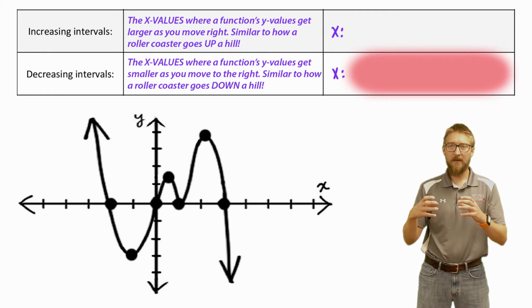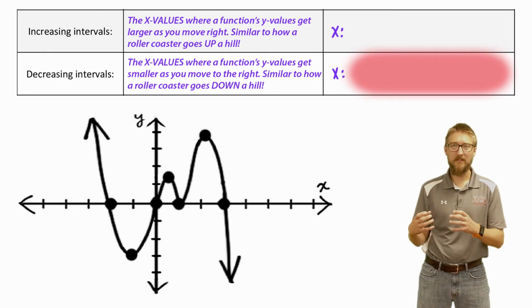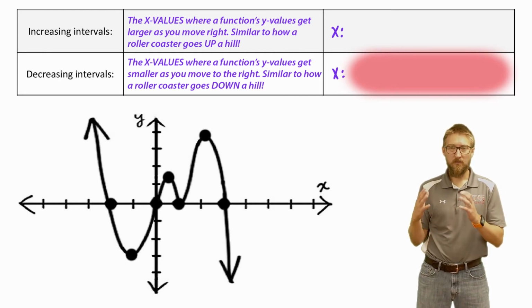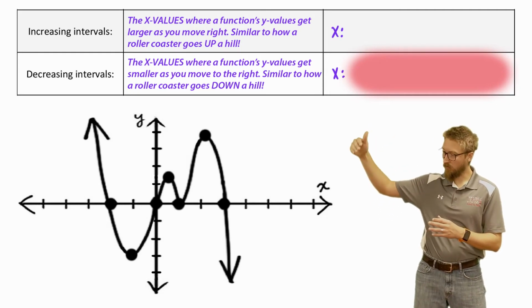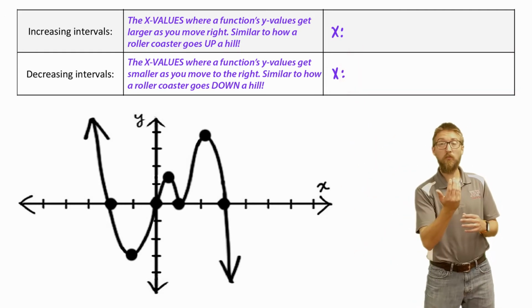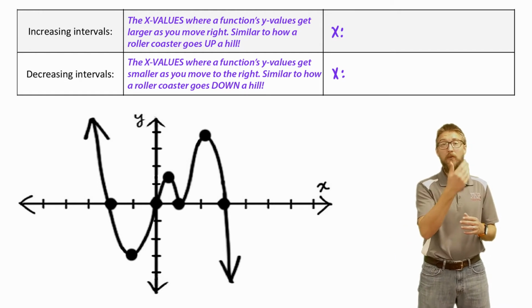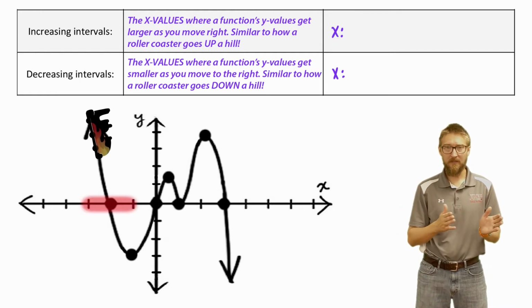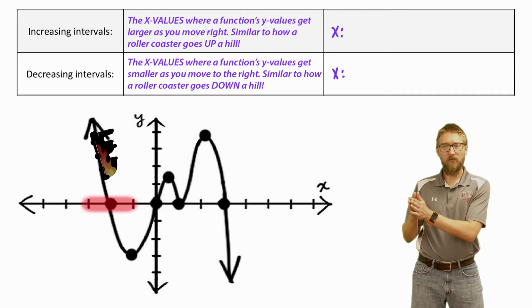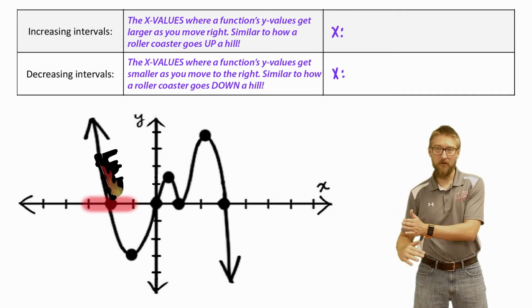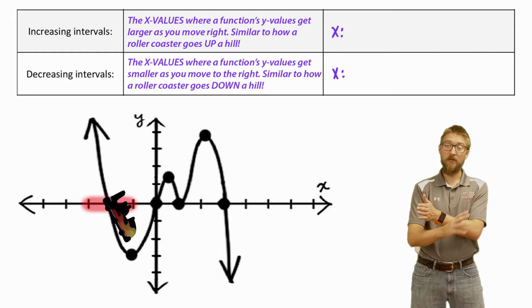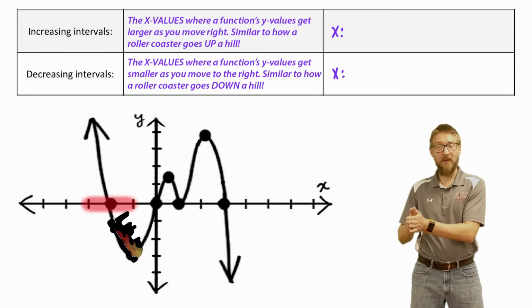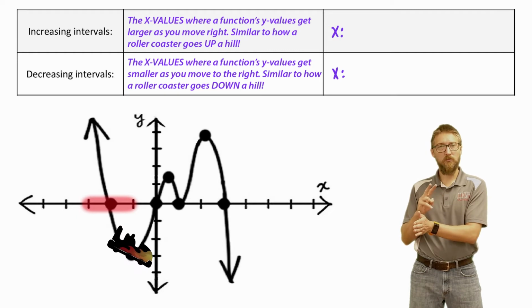So we're going to be in this second box where the decreasing intervals are. Now this is hard. How long are we decreasing? At what point do we reach the bottom of the hill and we start to swoop back up and climb up? Well, that happens, if you're looking left and right, at -1. That's where we reach the bottom and we start going back up. And so we stop decreasing and then we go to increasing. So at that point in time, at -1, we switch.